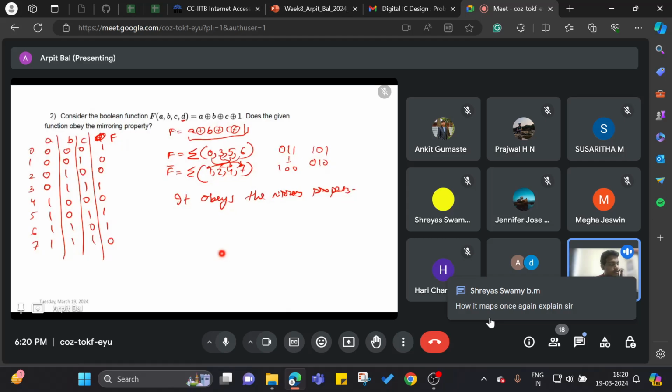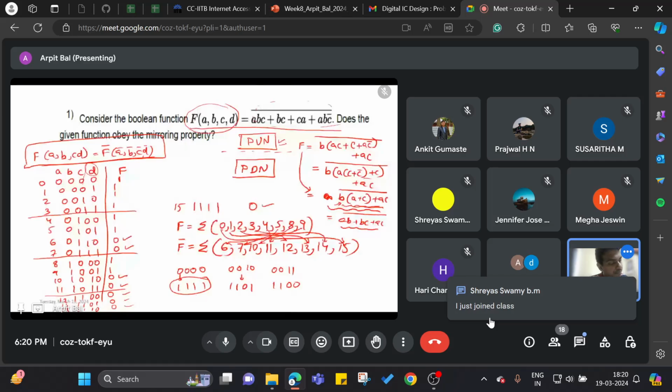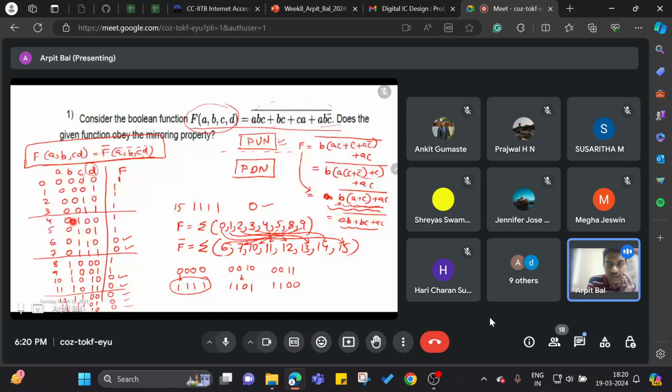If you are given a Boolean function and you have to verify whether it obeys the mirroring property or not, what you need to check is whether f of a, b, c, d, the input variables, equals f bar of a bar, b bar, c bar, d bar.